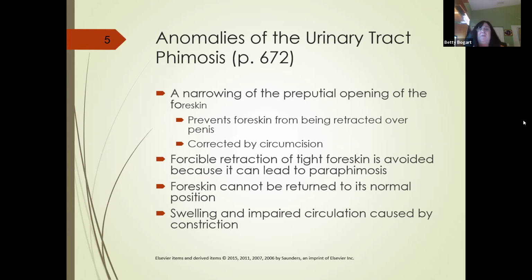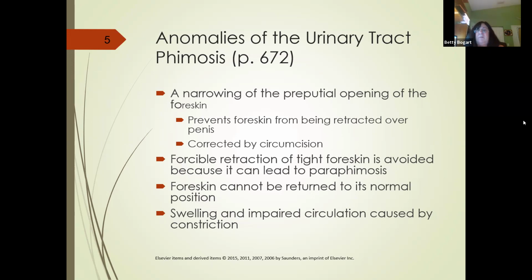Now, sometimes we have something called paraphimosis. Sometimes you get the foreskin down and you can't get it back up. Again, that's just as dangerous. Actually, it's more dangerous than just a tight phimosis or tight foreskin, because you're pinching off blood vessels there.